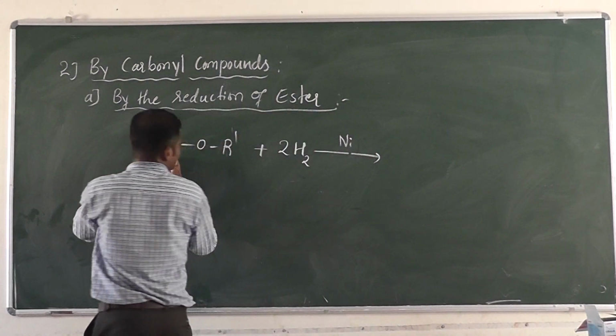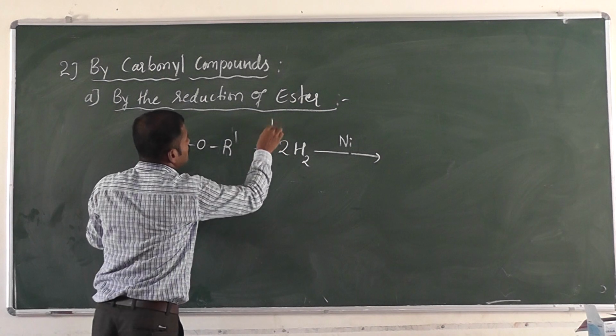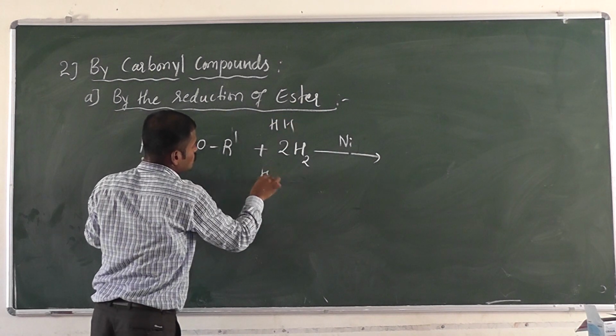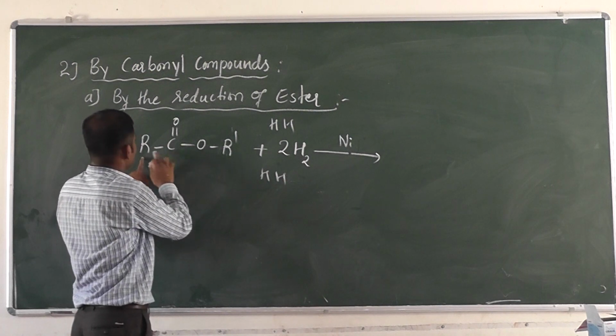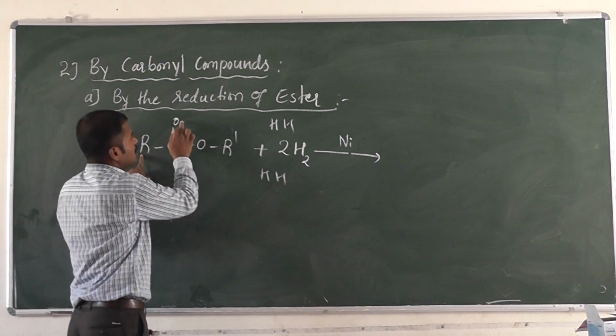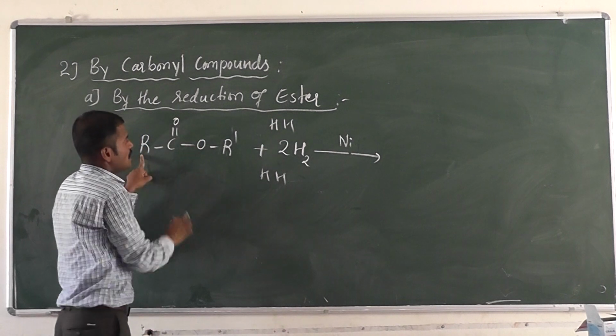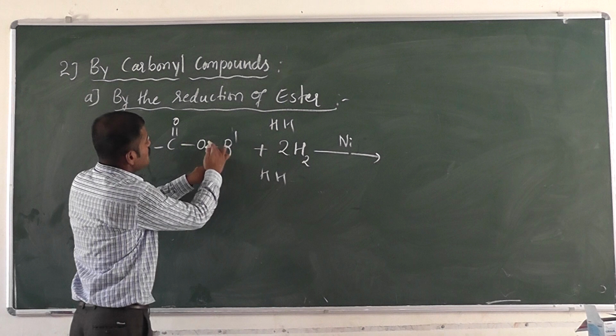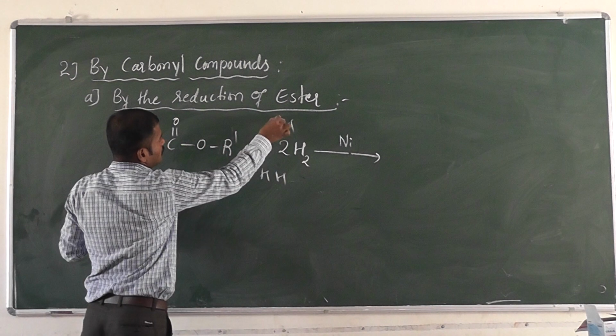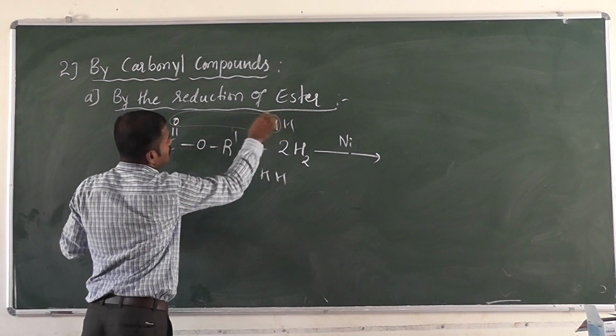RC is there, here 4 hydrogens are there, so I am writing 4 hydrogens here. When these 2 hydrogens attach here, it becomes RCH2, then this hydrogen attaches here, RCH2OH forms, then the remaining R dash O combines with hydrogen.